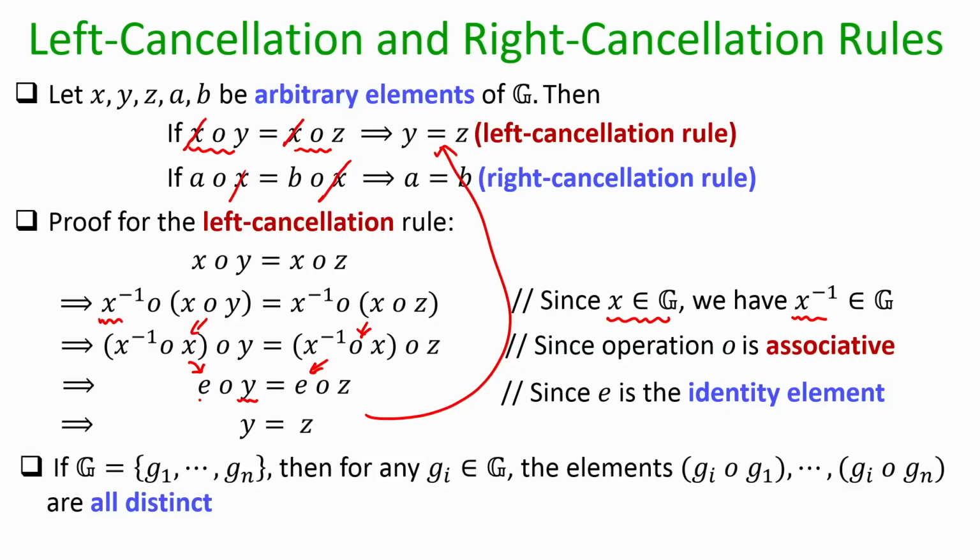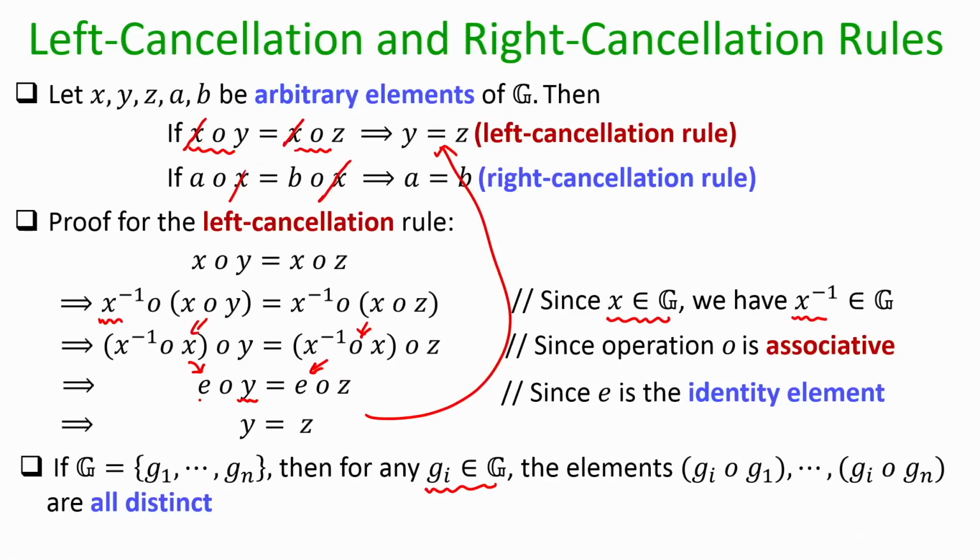Now, an interesting corollary of the left cancellation rule and the right cancellation rule is the following. Imagine you take a group which has say n number of elements g 1 to g n, and you take any group element g i.